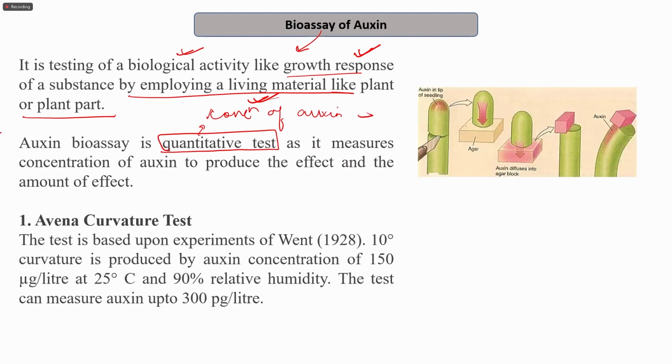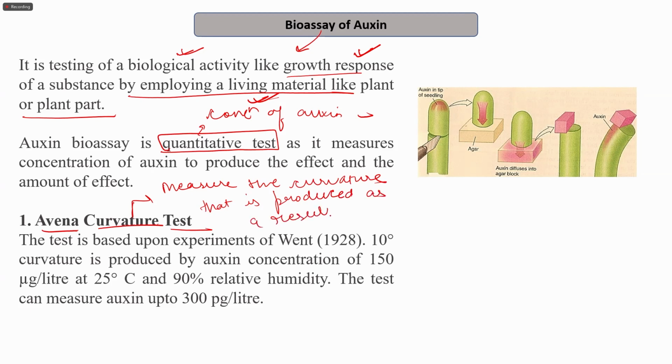So first is the Avena curvature test. So there are two tests which are known. First is the Avena curvature test. In this, we measure the curvature that is produced as a result of auxin supply. So this experiment is based upon the experiments of Went in 1928.